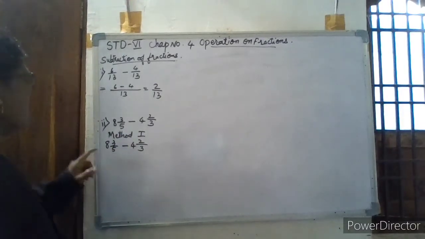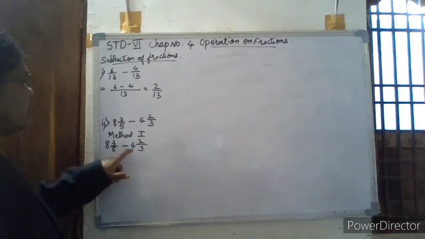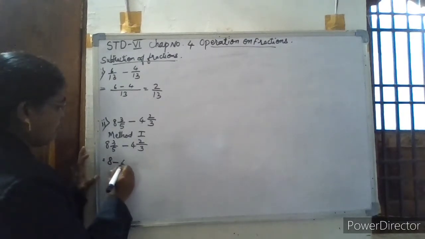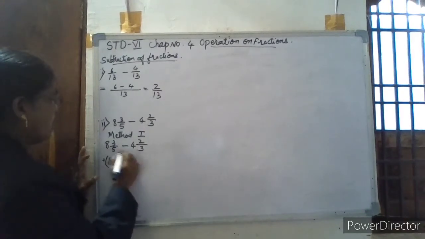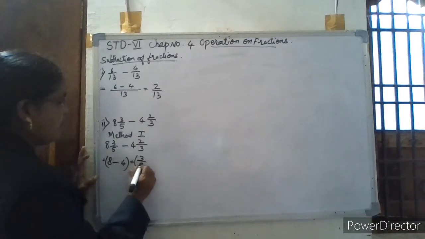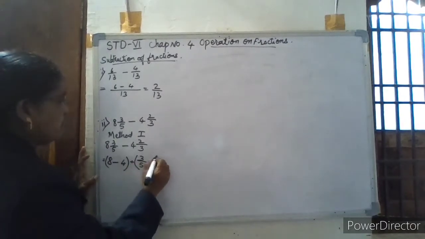see, the whole numbers are 8 and 4. So here we do 8 minus 4. Then plus we take 3 by 5 minus 2 by 3.